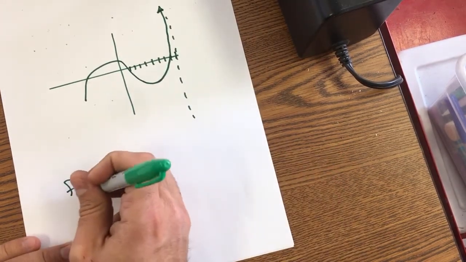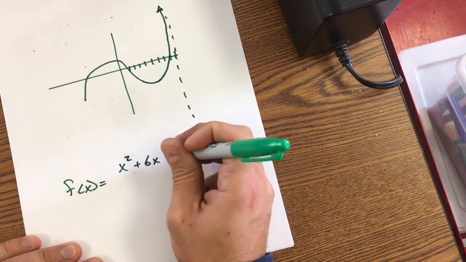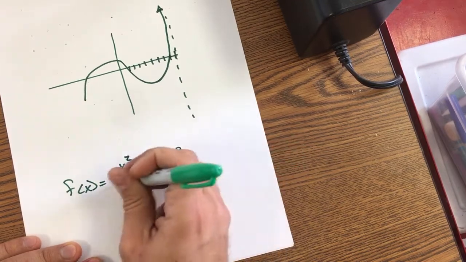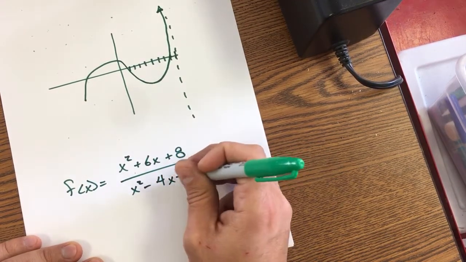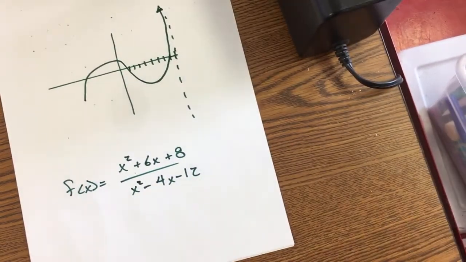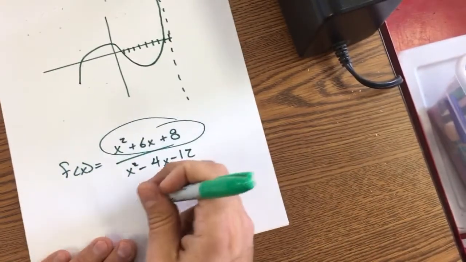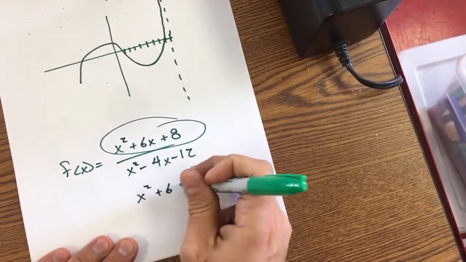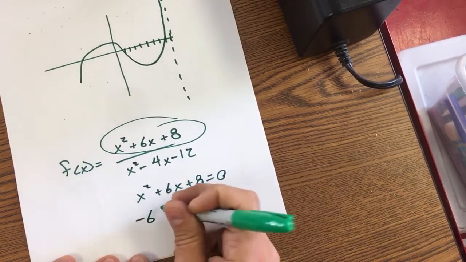Now if I have something like this, I have two choices. My first choice is just set this equal to 0. It's a quadratic, so I use the quadratic formula.